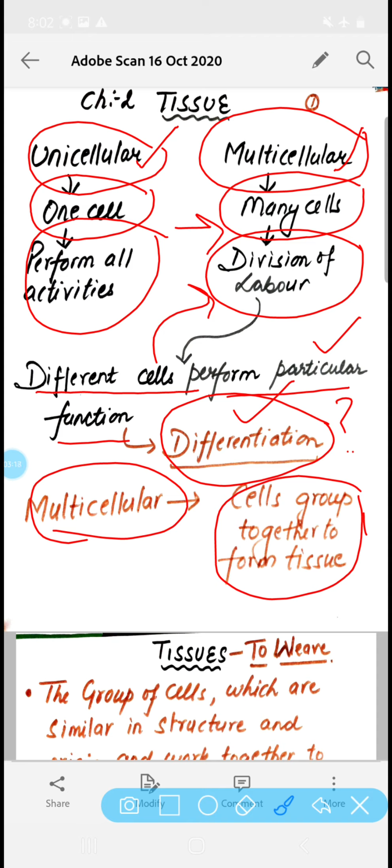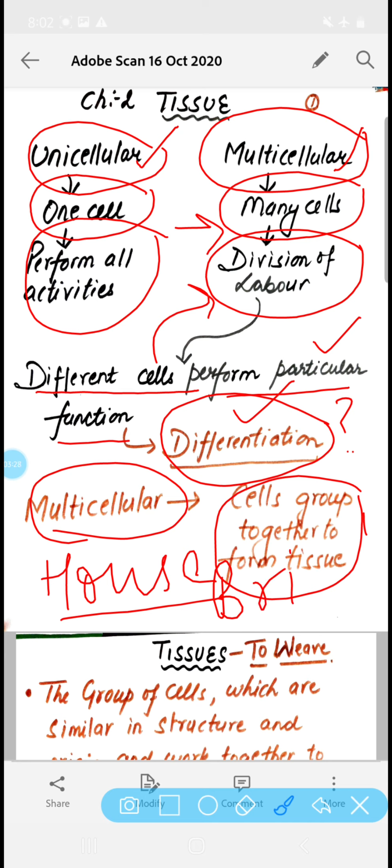When we have to build a house, we take the fundamental unit to make the house, that is the brick. Brick is related to the cell.